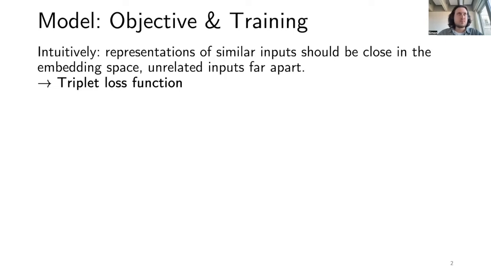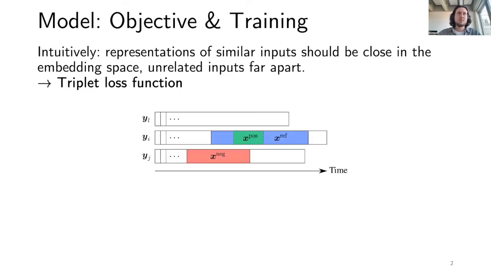The way this is presented is using the so-called triplet loss function, where triplet refers to the inputs that you have to give this loss function. The first component of this triplet is the reference chunk, which is represented here in blue, which they call x_ref.